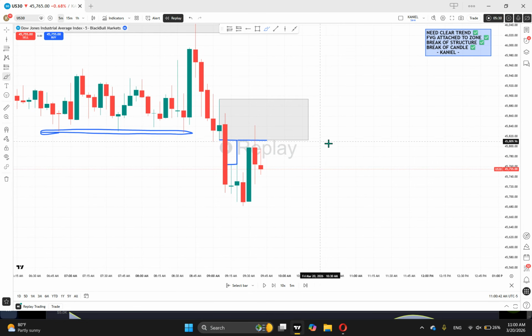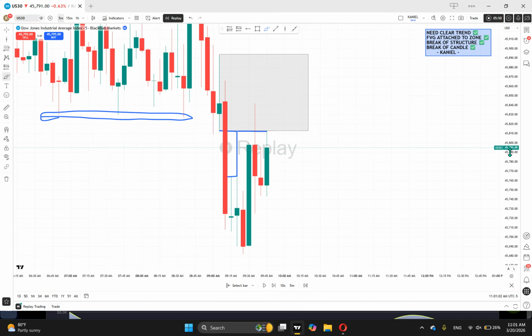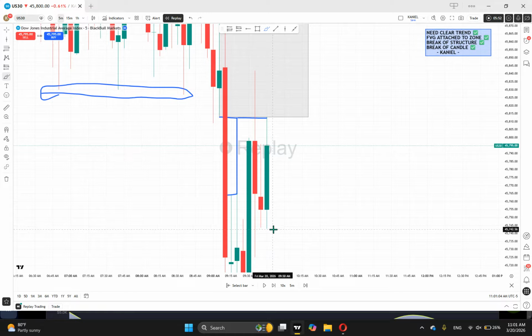So that didn't happen. So now we want the break of candle entry on this candle. The next candle that is playing out, we want it to come below this high one. So we'd get an even better entry and smaller SL. So we got that by a little bit.